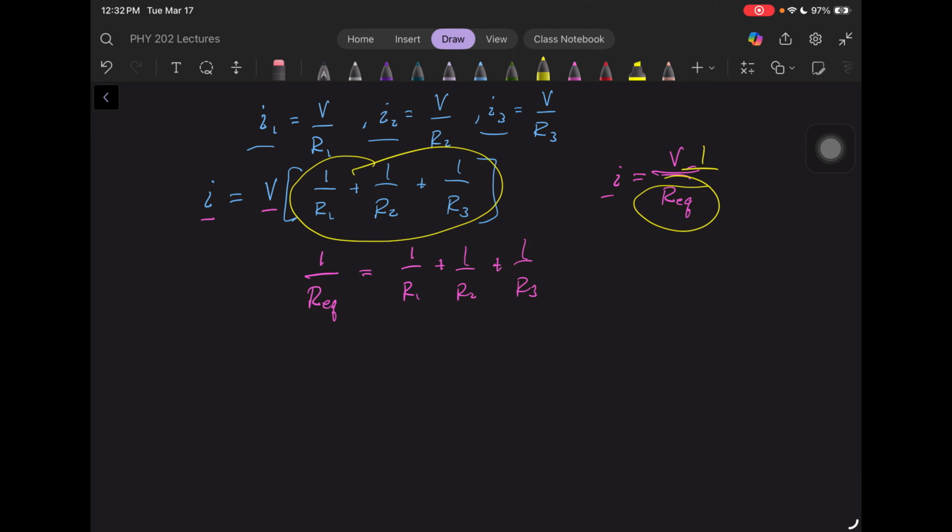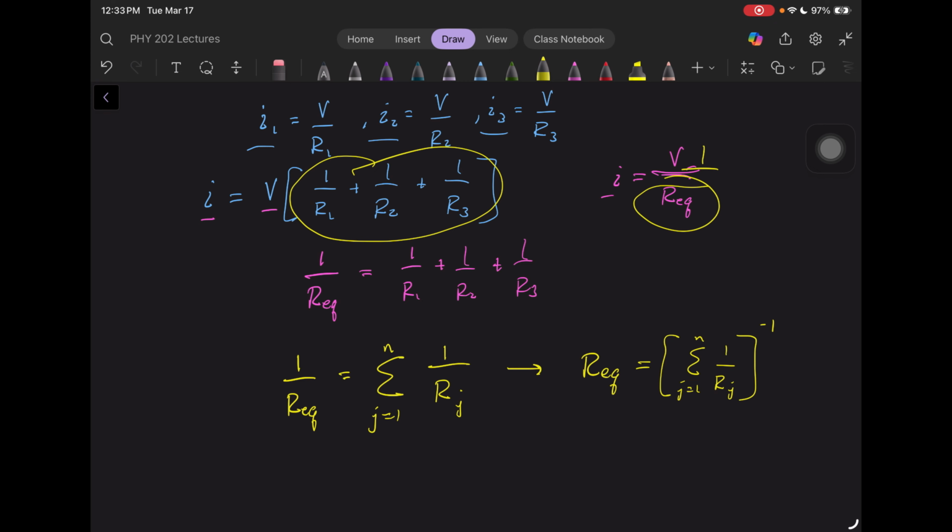Cool. Okay. And so that's often written as 1 over REQ is equal to the sum from J equals 1 to N of 1 over R sub J. I prefer writing it as REQ is equal to that, because it gets to the thing we're looking for.